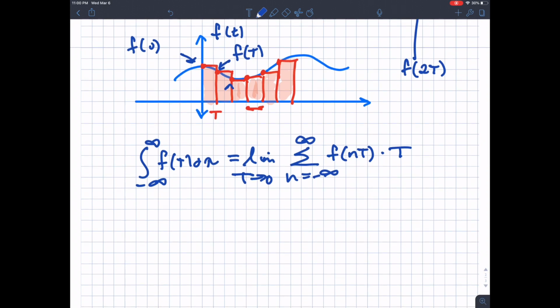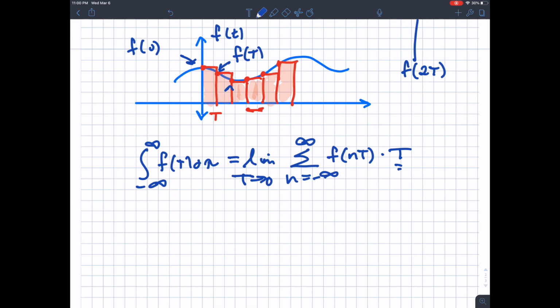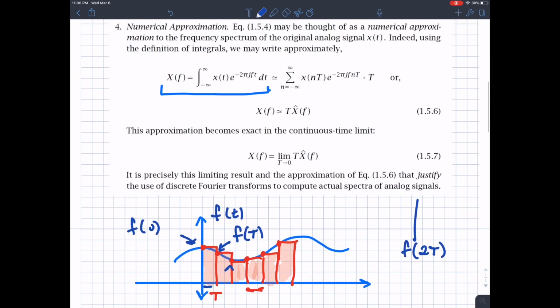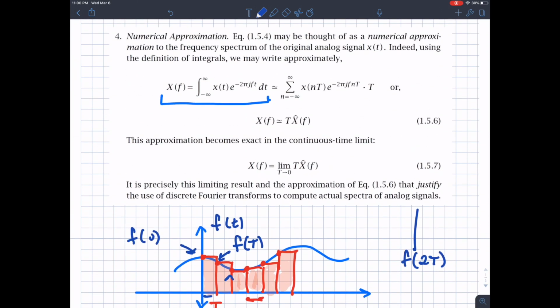The cap T comes from the width, and you're adding up all the areas of the rectangles to give you the integral. Okay, so let's go back to the Fourier transform definition.